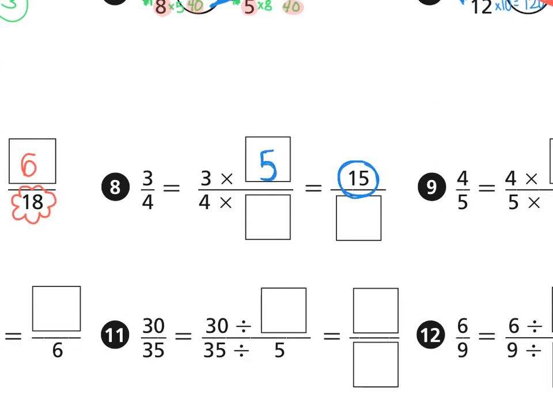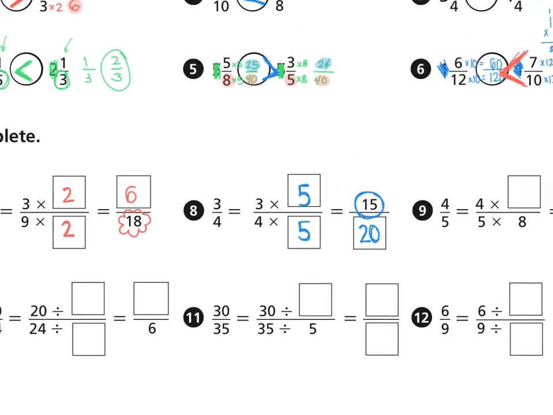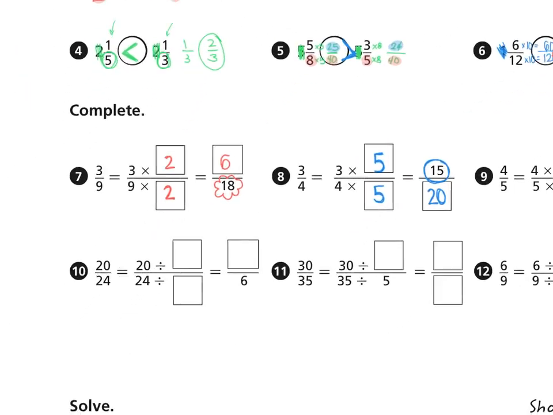Yep. And then you do that to the bottom too. Okay. And then you see 4 times 5 is 20. Good work. Nice job, Bryn. Thank you.